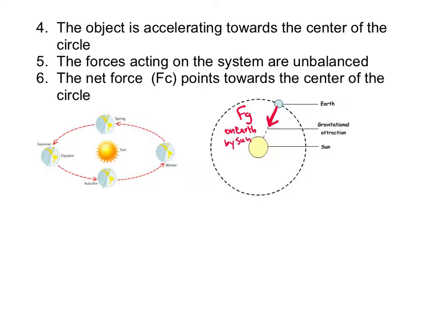In that case, we can't say that it was the force of gravity that's causing the circular motion. It's the force of tension in that string. Now, for the acceleration, since the net force in this problem is the force of gravity, the acceleration also points in the same direction. So that's why the acceleration points towards the center of the circle.